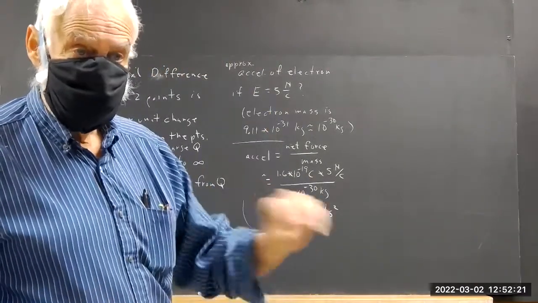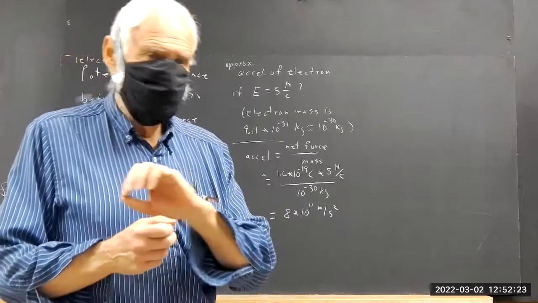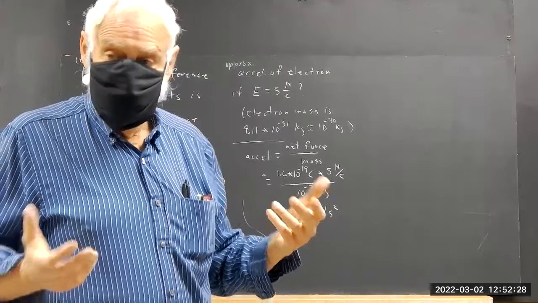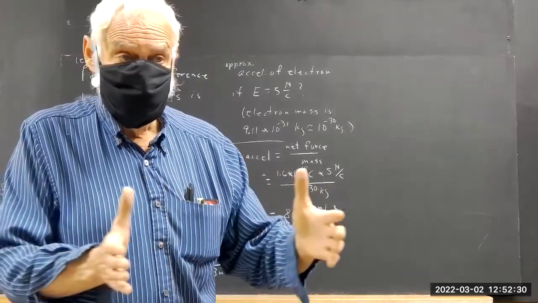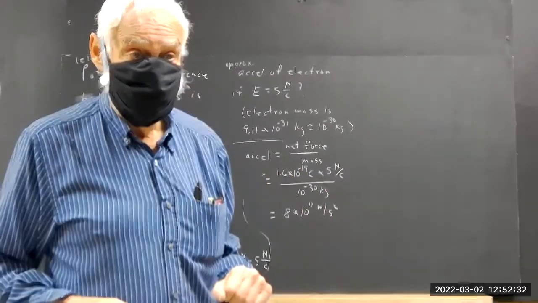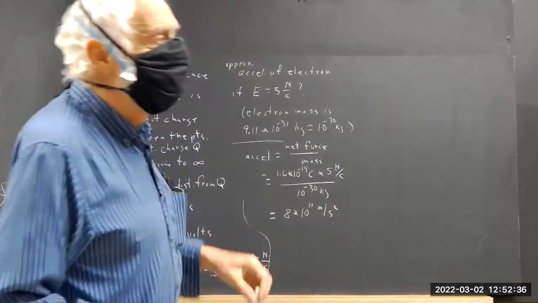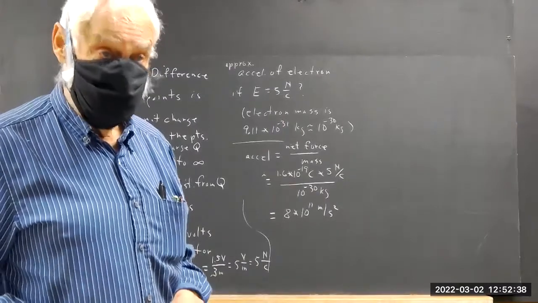They're getting accelerated like crazy, but almost instantly they bounce off of something, which means that the whole cloud drifts, as we talked about in lab last time. And we want to bring this into that general picture of what goes on in a conductor.